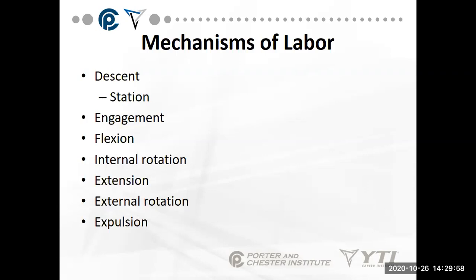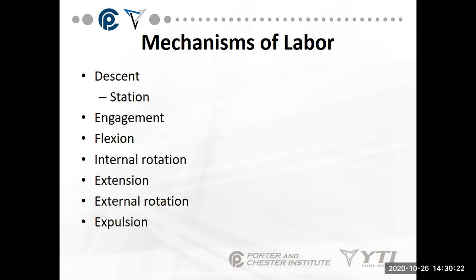Okay, this is when we get into engagement. How is it engaged? That's the presenting part. Engagement occurs when the presenting part, usually what we want to be the fetal head, reaches the level of the ischial spines of the mother's pelvis. So the presenting part is at zero station or lower, going into the positive part.